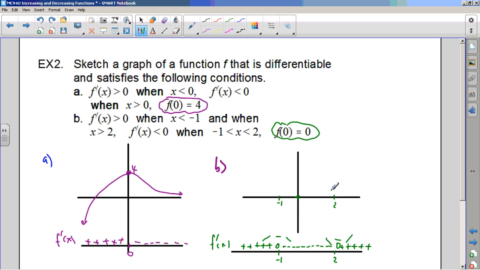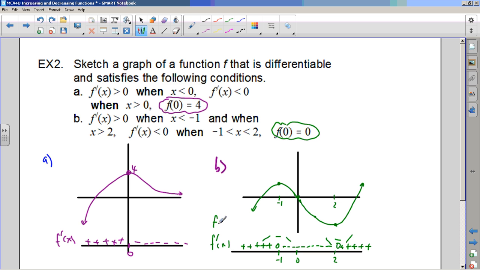I don't know how far up or down it goes, but I know it's going to go through this point at x equals 0. It's going to be decreasing through there, because its first derivative is negative. Increasing, 0, then decreasing until it gets to 2, then increasing after. Nice.